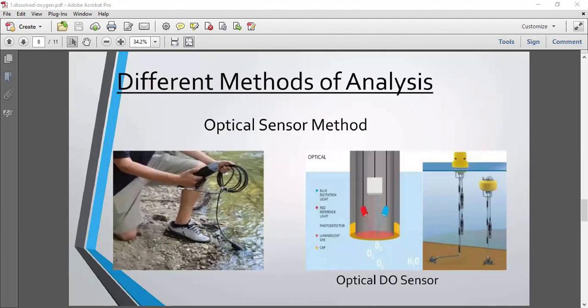Very big companies, some of the cloth industries, have this instrument. They have to check the dissolved oxygen content in the effluent, drainage water or other waters.